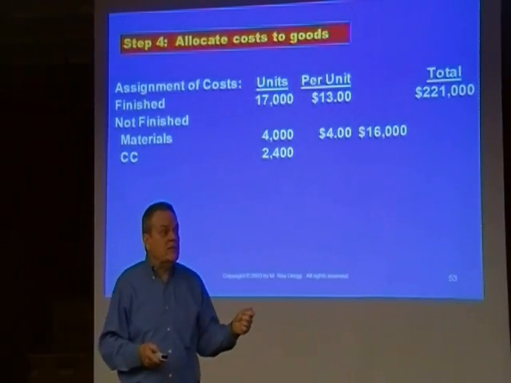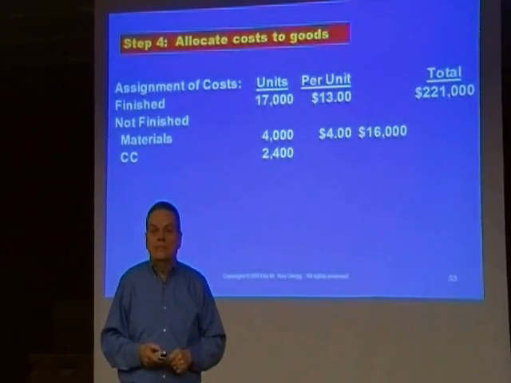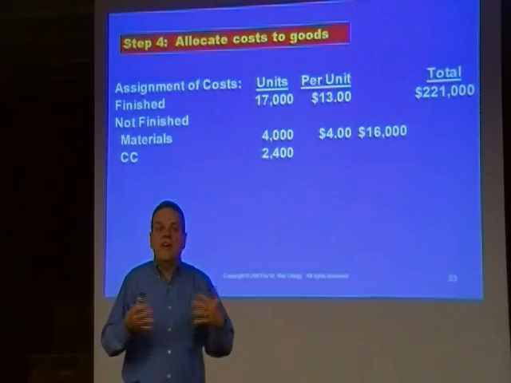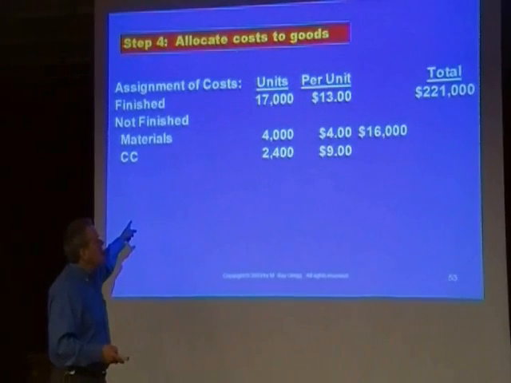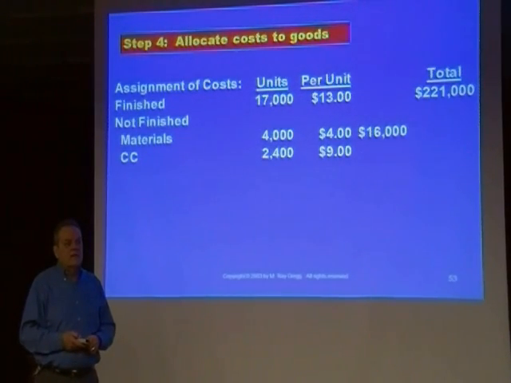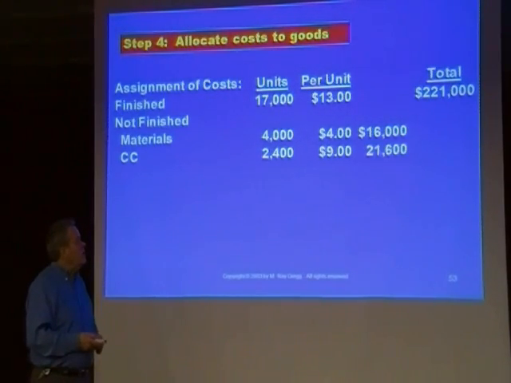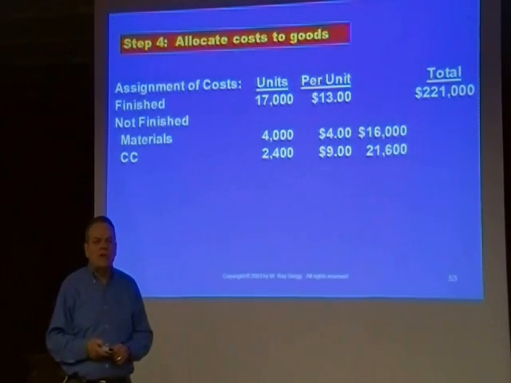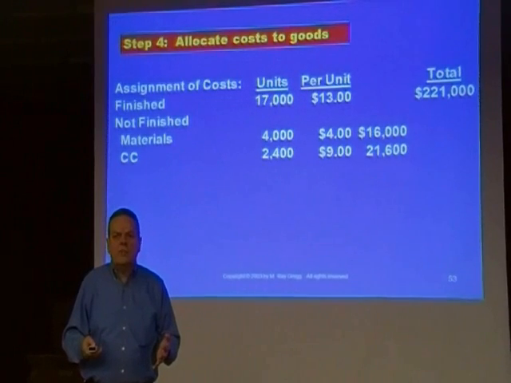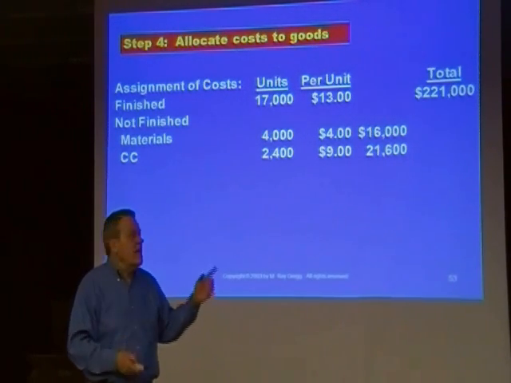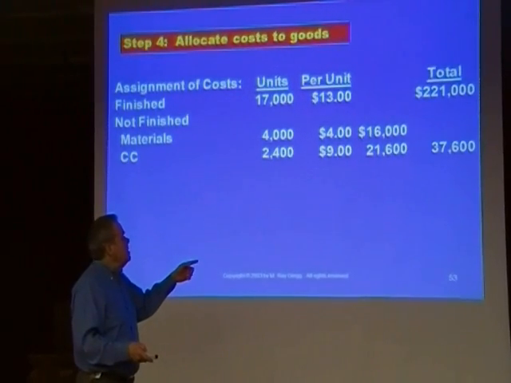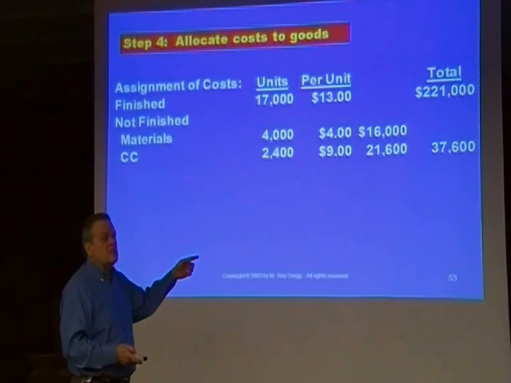We determined that in step 2. 60% of the effort on 4,000 units. Those units cost us $9 a piece. 2,400 times $9 is $21,600 of cost we've incurred in this department for labor and overhead this month to produce those goods part way. That sum is the same $37,600.